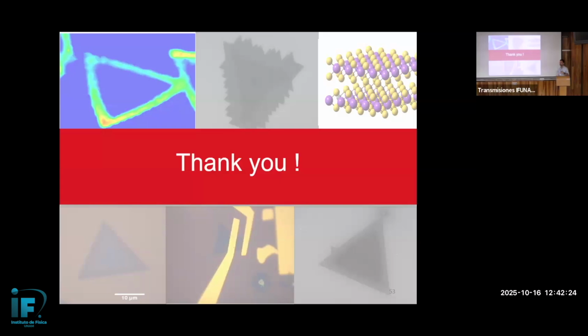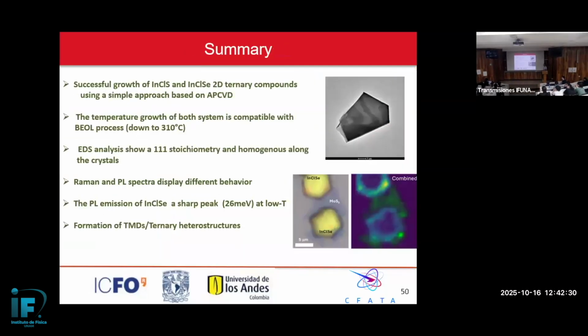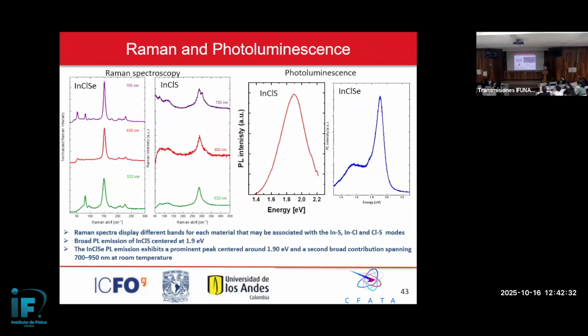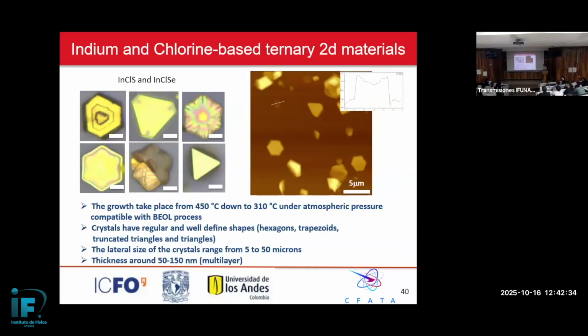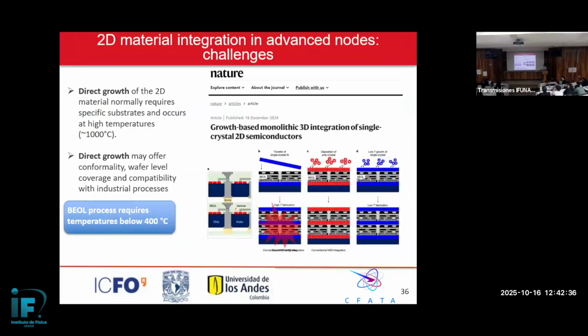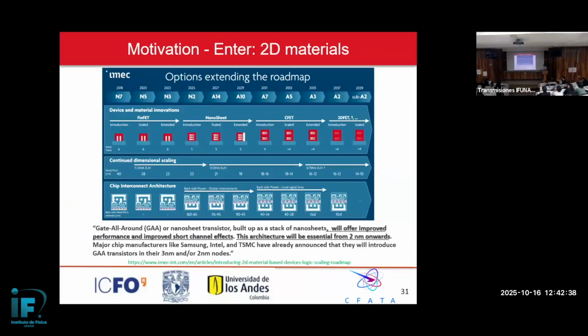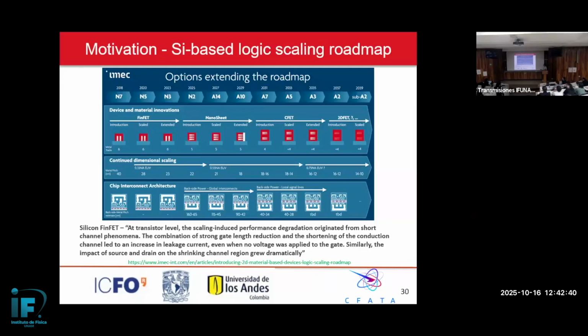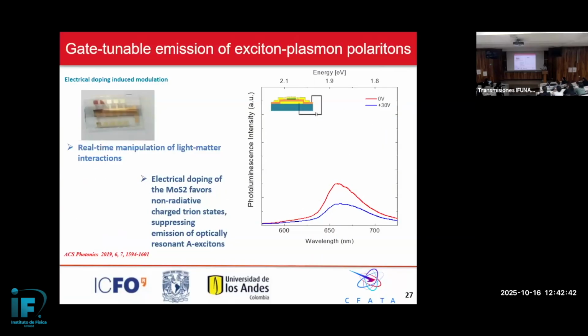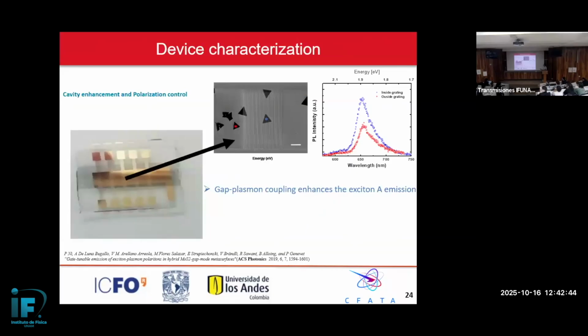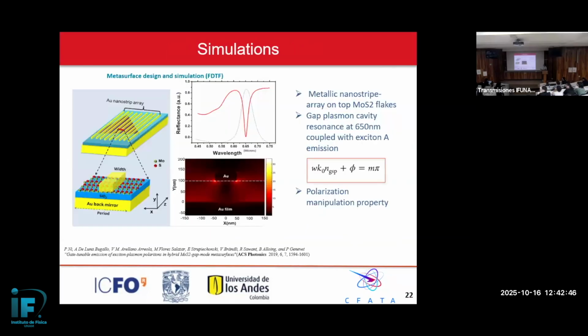I got a little lost at the first part of the presentation, so I don't know if you mentioned that. In the part where you have the spectrum, the energy versus wavelength, I remember that the peak was at 650, something like that. So my question is, what's the purpose of the device?